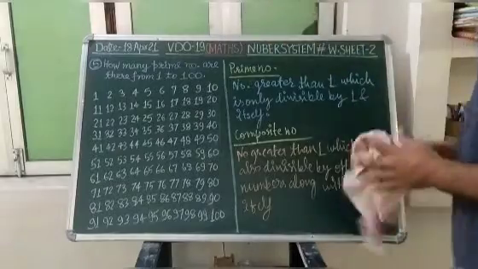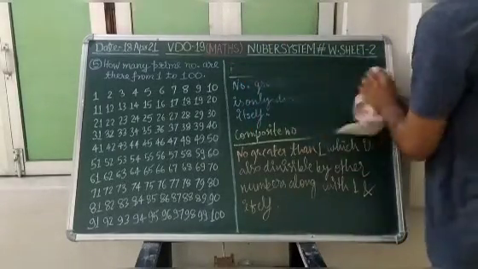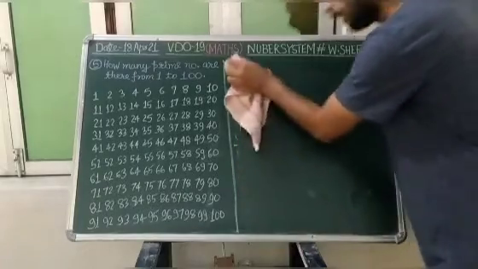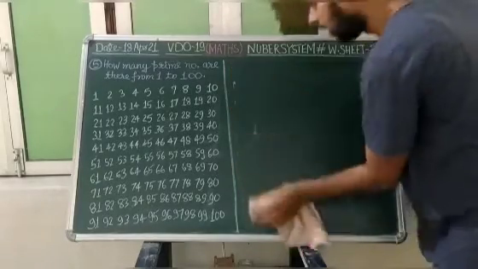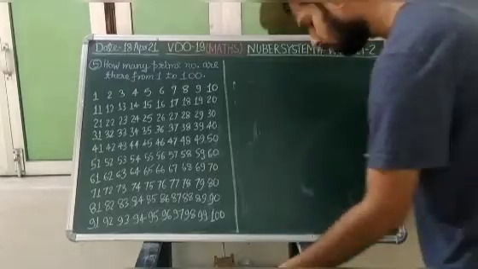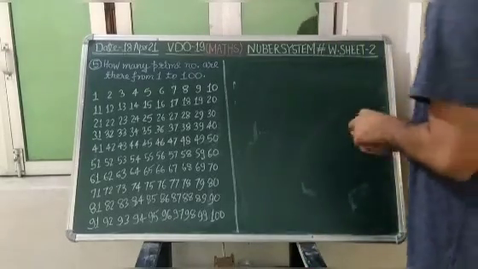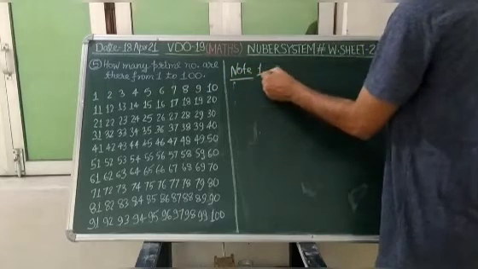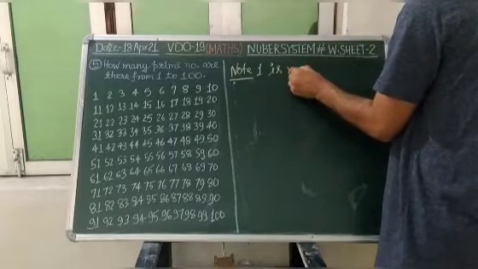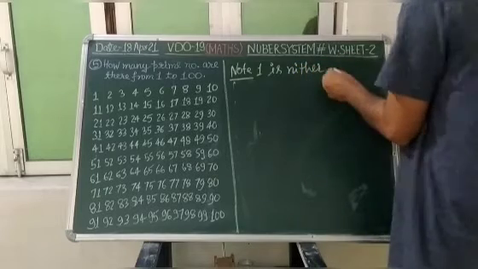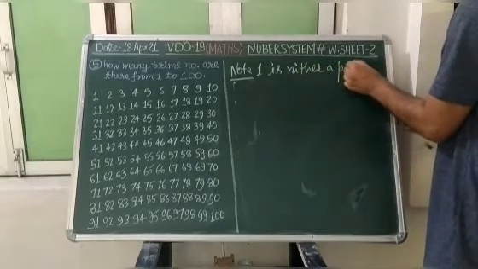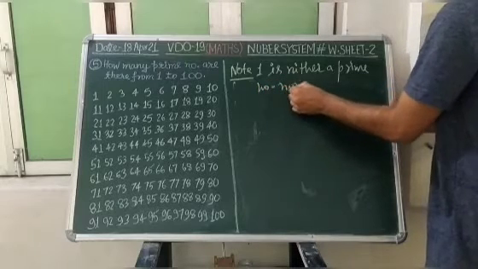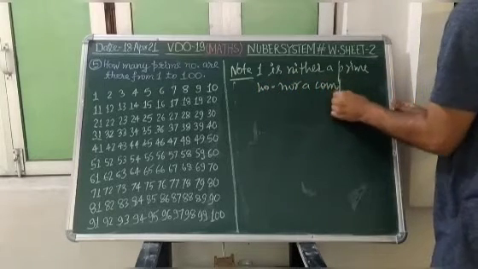So students, you are seeing that prime numbers and composite numbers should be greater than 1. So you will note down, 1 is neither a prime number nor a composite number.